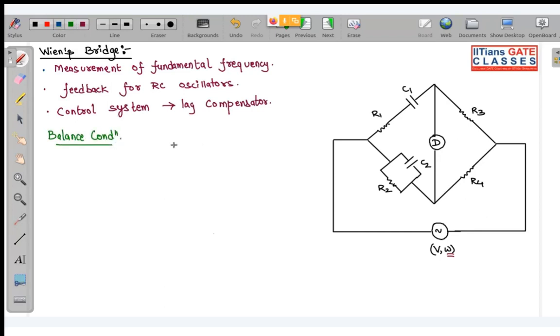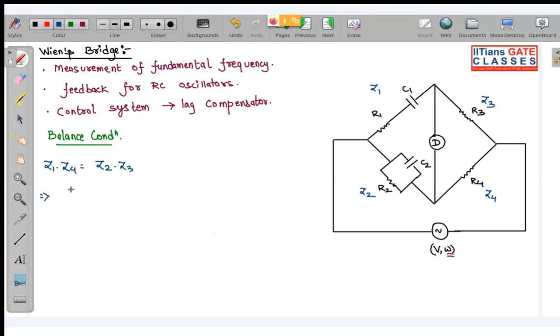Okay. At balance condition, let this be Z1, this be Z4, this be Z3, and this is Z2. So Z1 into Z4 is equal to Z2 into Z3.